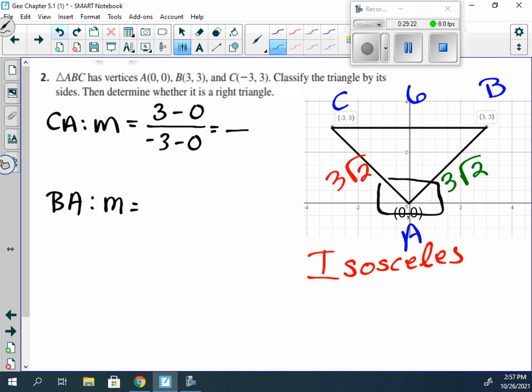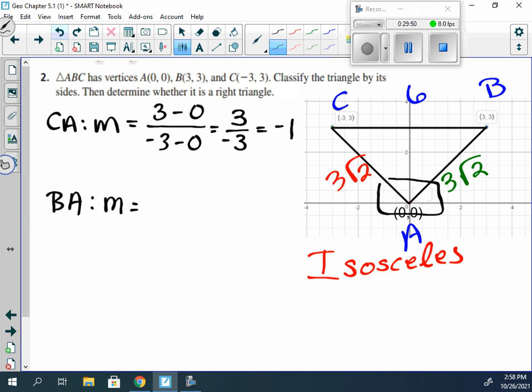Well, 3 minus 0 is 3, negative 3 minus 0 is negative 3. 3 divided by negative 3 is negative 1, because 3 divided by 3 would be 1, and since the denominator is negative and the numerator is positive, the whole number would be negative. Questions on this here?